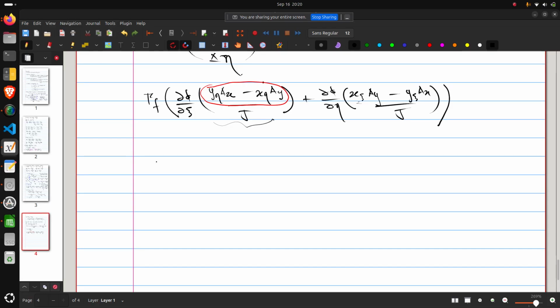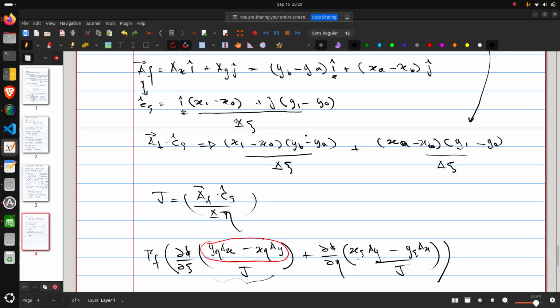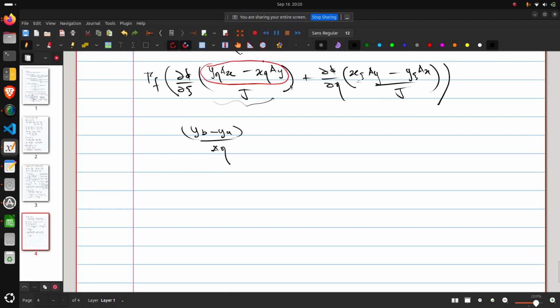We have the value for y eta, which is nothing but yb minus ya times delta eta. And what is the ax? Ax is yb minus ya, right? So yb minus ya.